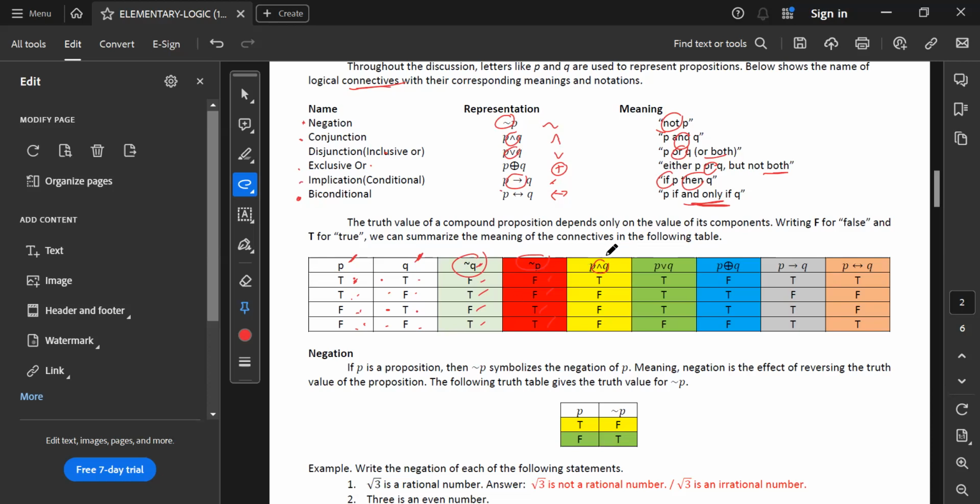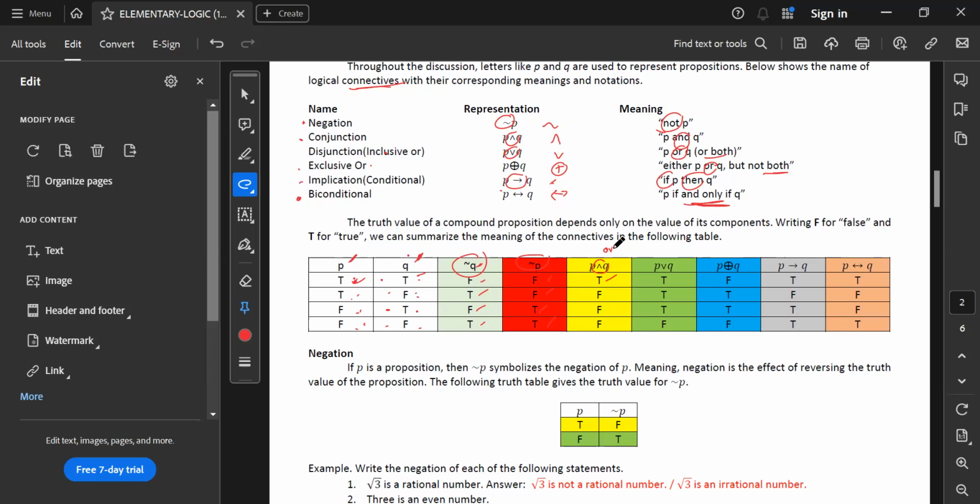When you see or, it can be both. If at least one is true, then the entire compound proposition is true. For P or Q: true or true, it meets the requirement of at least one true, so it is true. True or false?